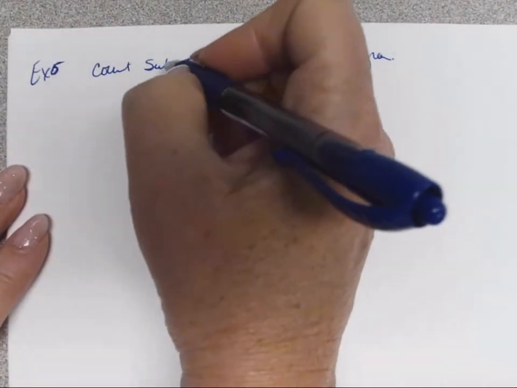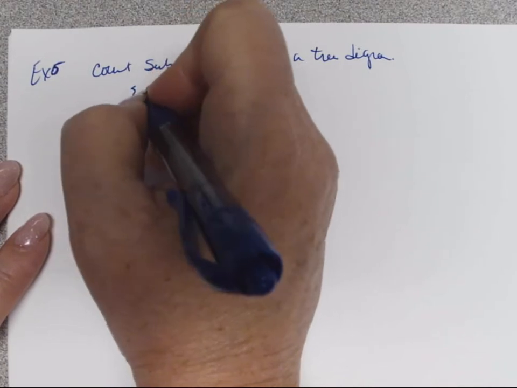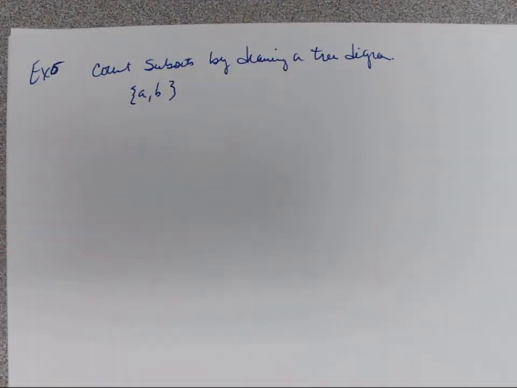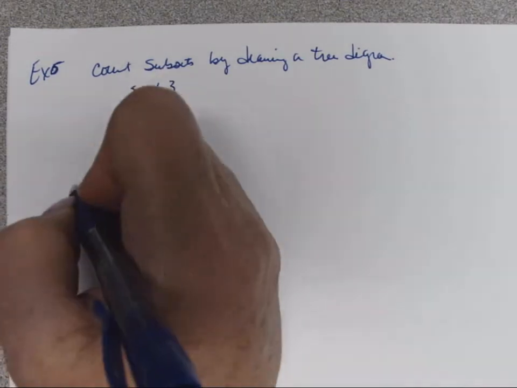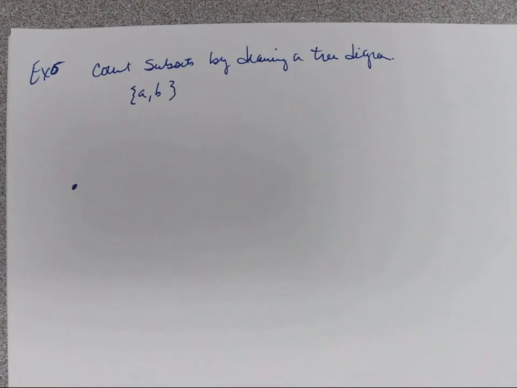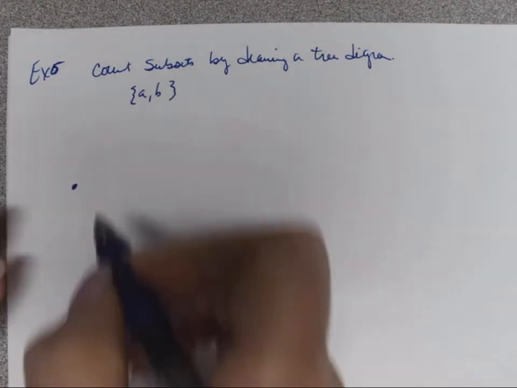So we're just going to keep it simple. We can look at the set containing A and B, and we want to construct the subsets by making pairs of choices. We're always going to start with that. Even if we don't have a label, it's got to start somewhere.